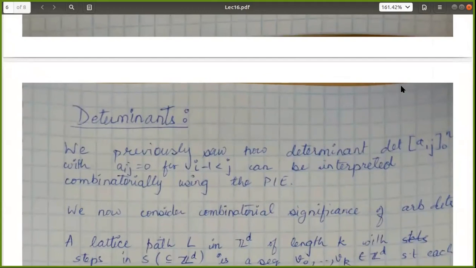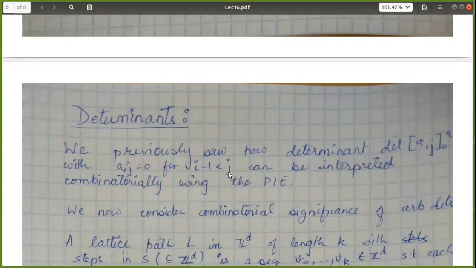Earlier what we dealt with was the case when you took the determinant of the matrix Aij, whose ijth entry was 0 whenever i minus 1 was less than j. Why all of a sudden i minus 1 less than j?